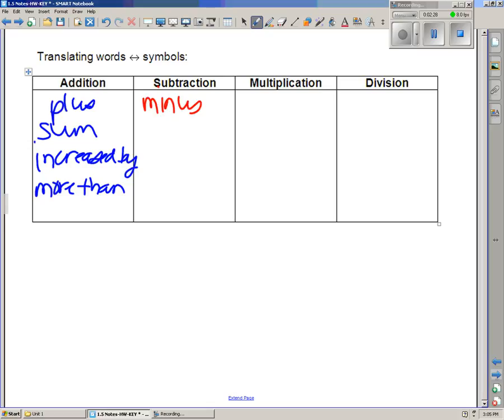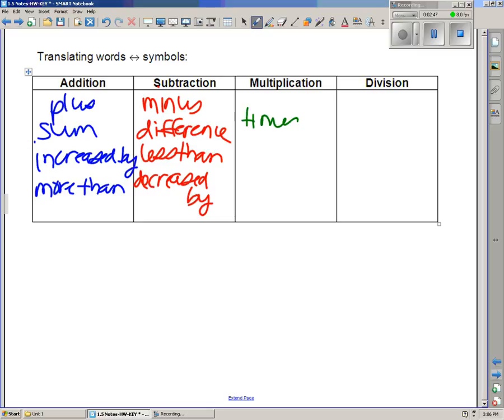Subtraction, you might see the word minus. You might see the word difference. You might see the phrase less than. You might see decreased by. Okay, all stuff that you might see. Multiplication, you tend just to see these words, times, product.